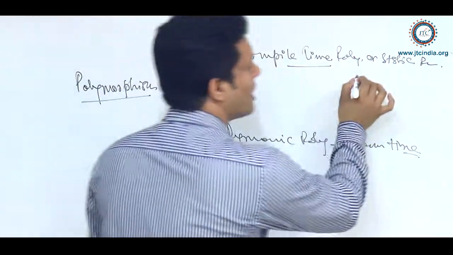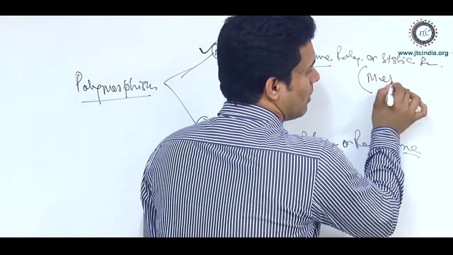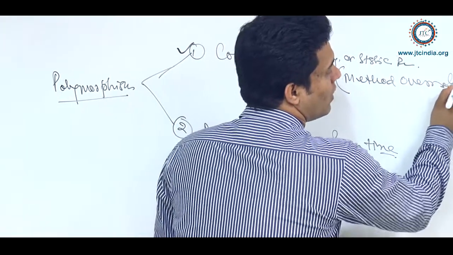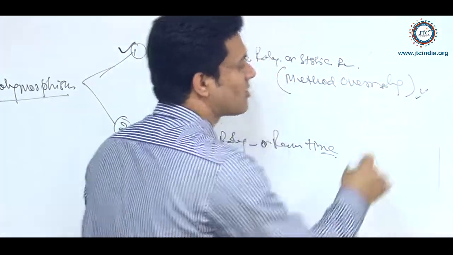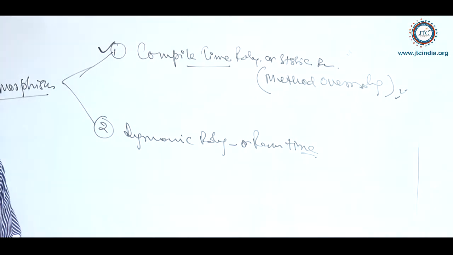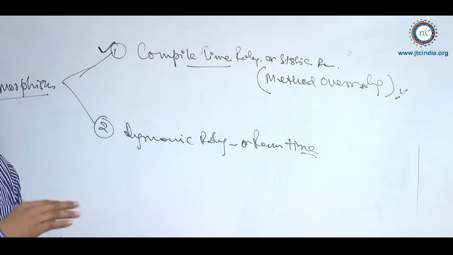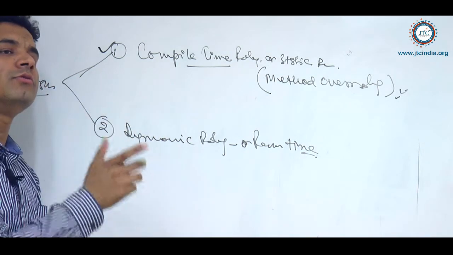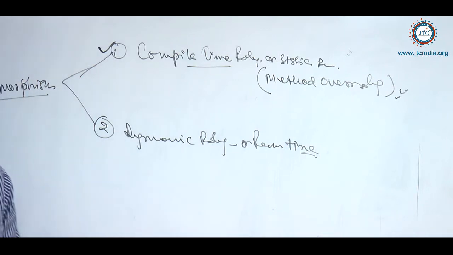We were achieving it by using method overloading. So in order to understand compile time polymorphism properly, you just go through the last tutorial on method overloading, right?